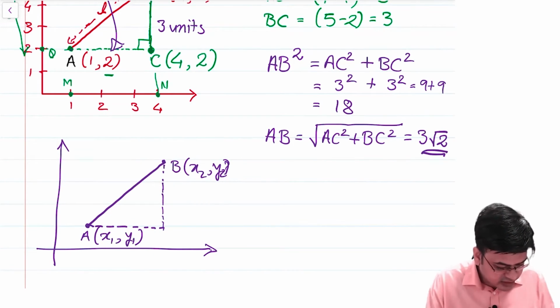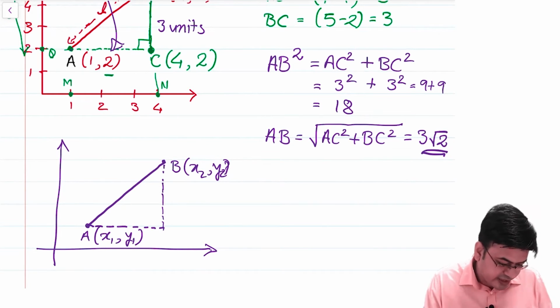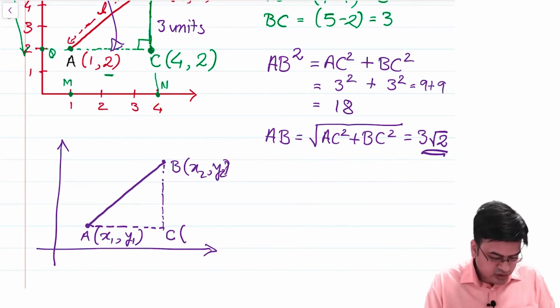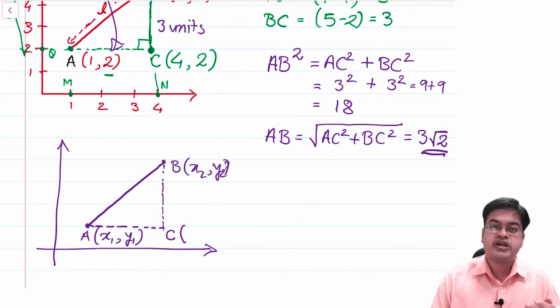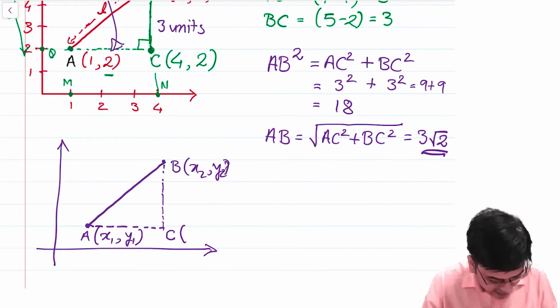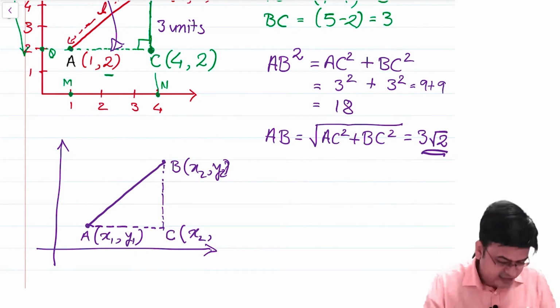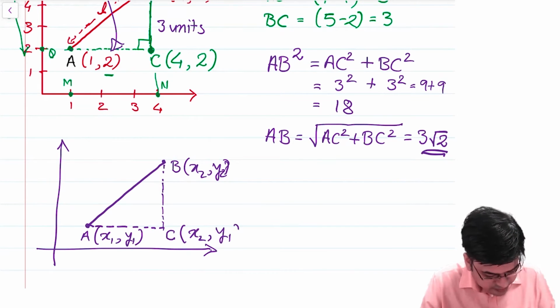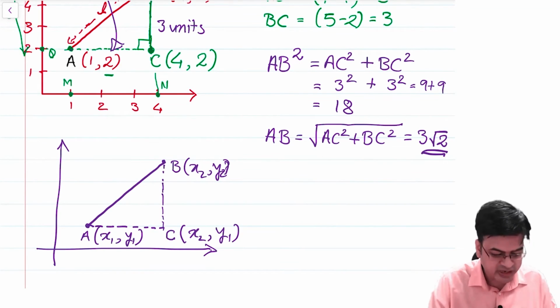Now if you look at the point A, and let us name this point as C, what can you say about the coordinate of point C? The coordinate of point C will be x2 on the x-axis, and on the y-axis the coordinate will be y1. How am I deriving this?